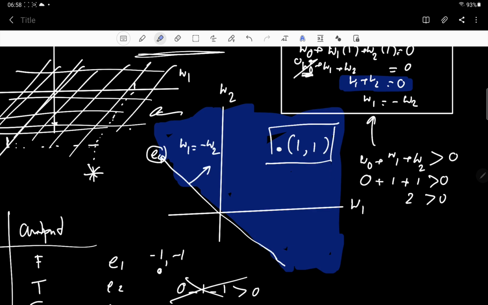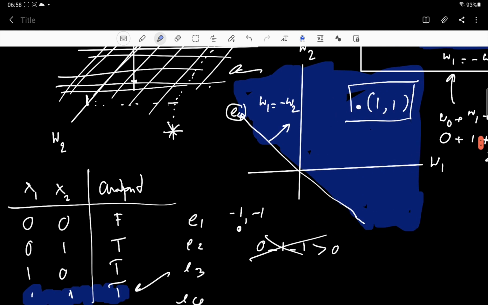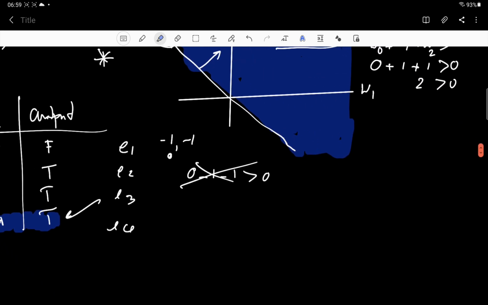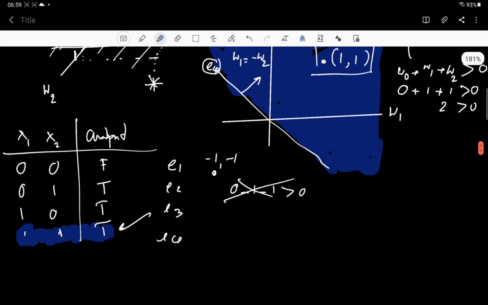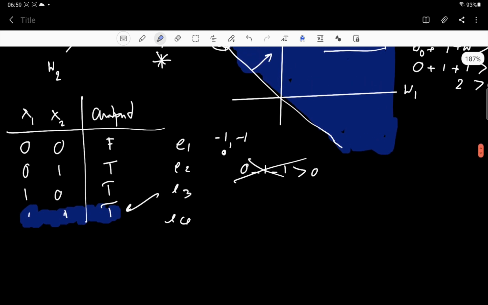And now, guys, look at this. How about E2 and E3? The first line is E4, right? How about E2 and E3? Take a look at this. We will focus on E2. What is E2?